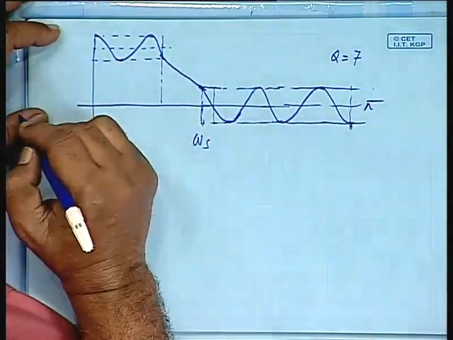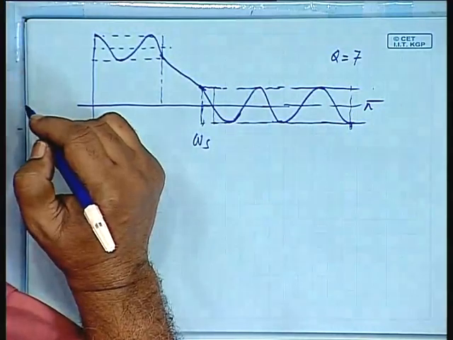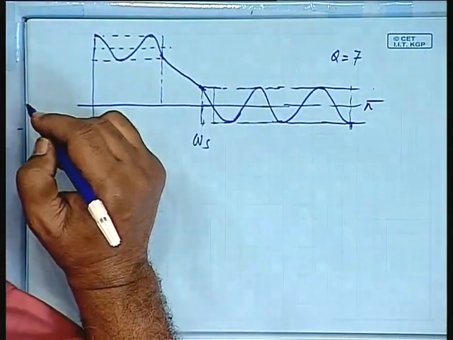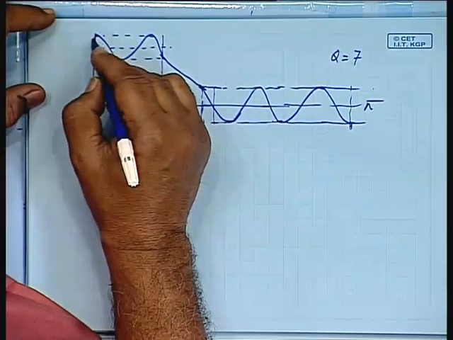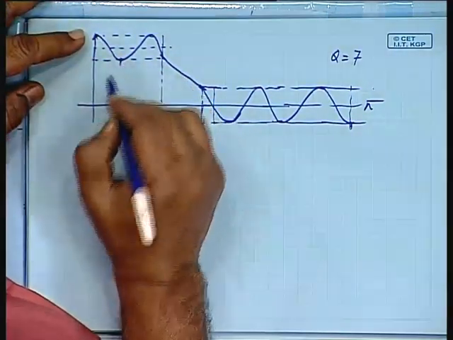So, what are the frequencies at which it is hitting the maxima or minimum value in that specification? This is 1, 2.